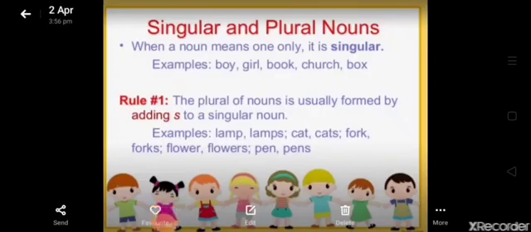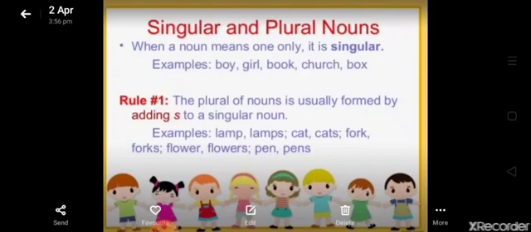Singular and plural nouns. When a noun means one only, it is singular. Example: boy, girl, book, church, box. Now, here are the singular and plural noun rules. Rule number 1: the plural of a noun is usually formed by adding s to a singular noun.